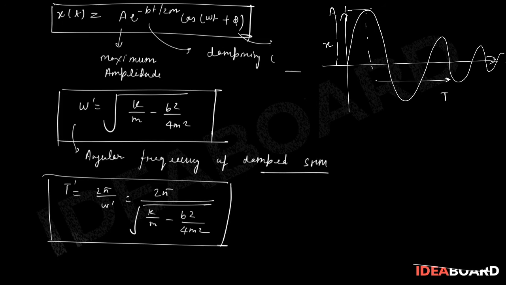The damped amplitude will be given as A into e to the power minus bt by 2m. Likewise, we can calculate the value of the damped amplitude with this formula.